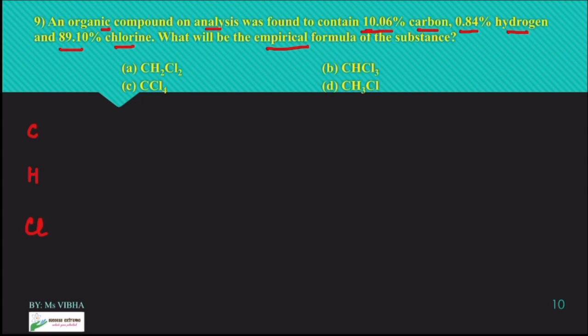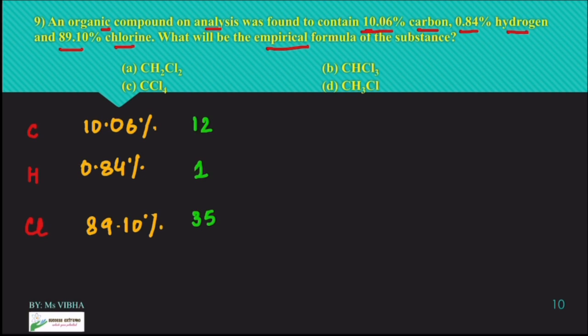The first step is to write the mass percentage. The atomic mass, we know that carbon has 12, hydrogen is 1 and chlorine is 35.5. To calculate the number of moles, we have the formula given mass upon molecular mass or atomic mass. So it can be calculated by 10.06 divided by 12, which comes out to be 0.84.